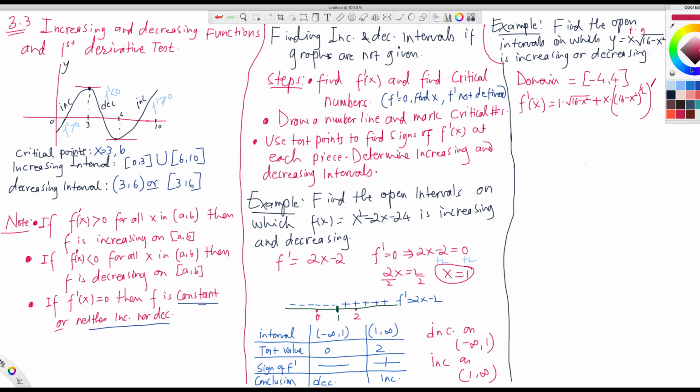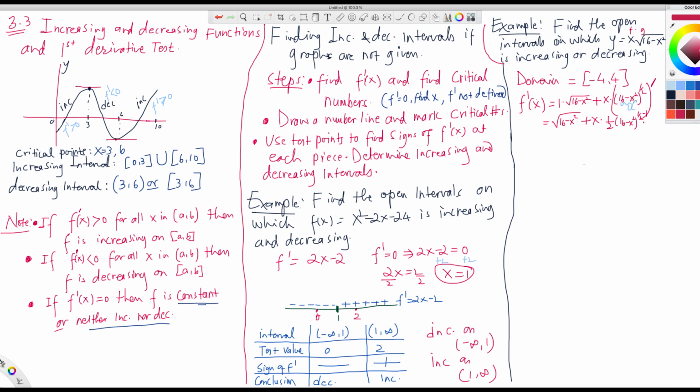You see? When you find the derivative, you can take this as u to the 1/2. So what is the derivative of u to the 1/2? Let me write that down. So 1 times the root of 16 minus x squared, and then plus x times the derivative of u to the 1/2, which is 1/2 times u to the n minus 1, that is 1/2 minus 1, times u prime.